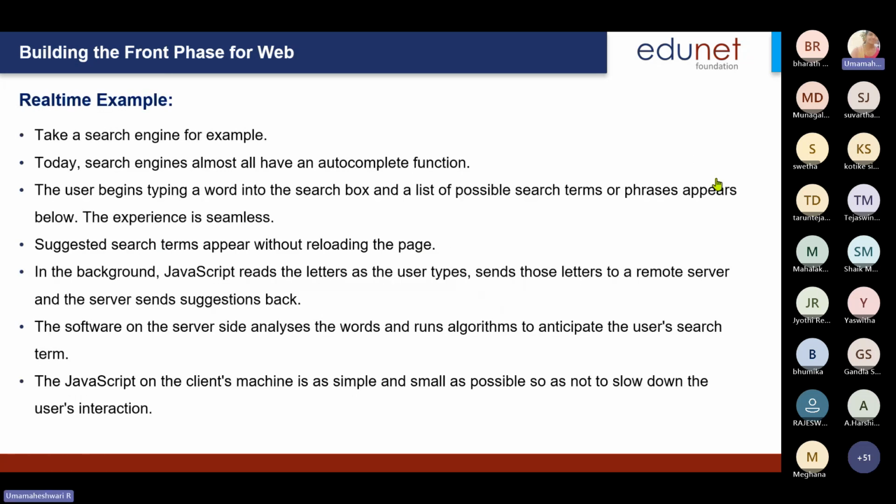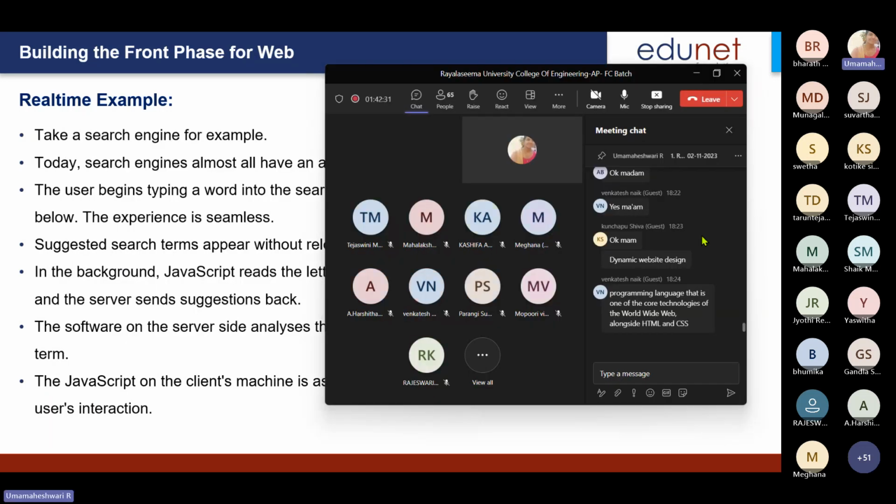And for a real time example, take a search engine. In a search engine almost all have an automated function. But before that, what is called a search engine in real time?